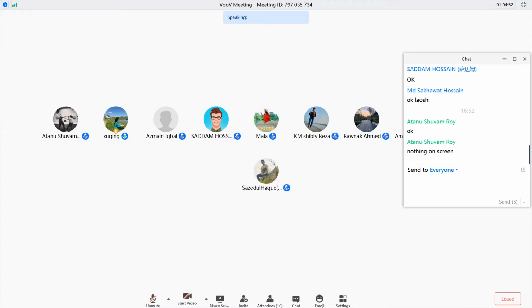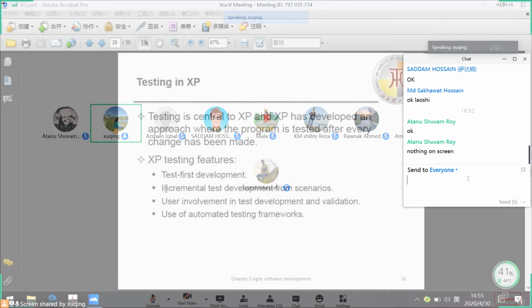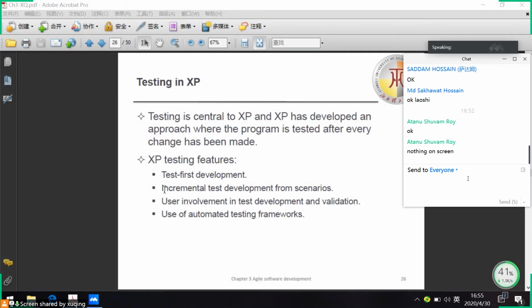So when we are asked about the four key features of testing in extreme programming, we can also find it easily in the slides of the third chapter. Key features of testing in extreme programming.